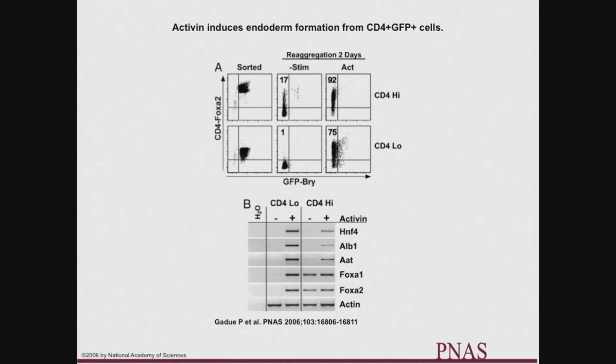Interestingly, this population that was actually FOXA2 low early on and then exposed to activin quite robustly expresses some of these markers as well. So this is the second time I'm going to tell you that markers are really important, but the timing of the expression of those markers is also crucial.